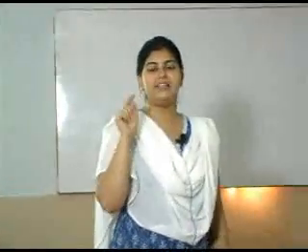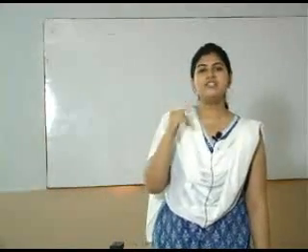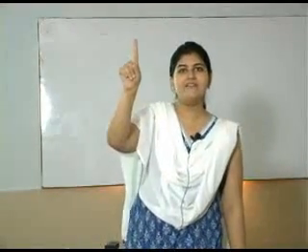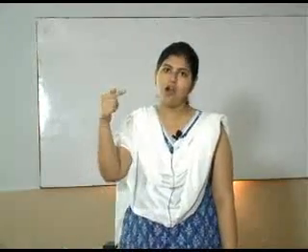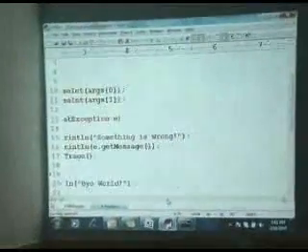Okay? But there is no limitation on the number of catch blocks. Is it clear? Multiple catch blocks can share one try block. But one try should have one catch or more than one catch. So could you please write the catch for array index out of bound?